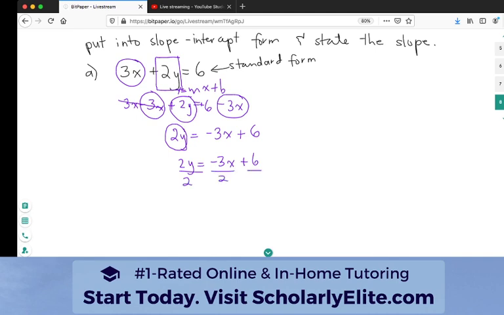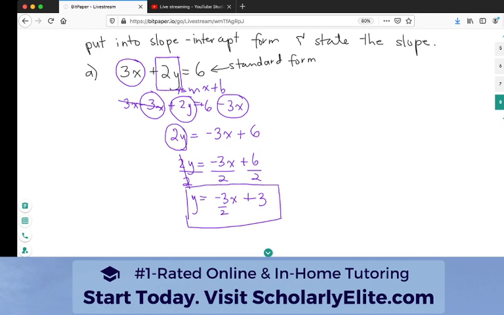And remember, when you do it to one side, you have to do it to everything on the other side. So we've got this canceling out. And all that I'm left with here is y equals negative 3x over 2 plus 3. Simple as pie, and you're very much welcome to just leave it like this. And that's your final answer.